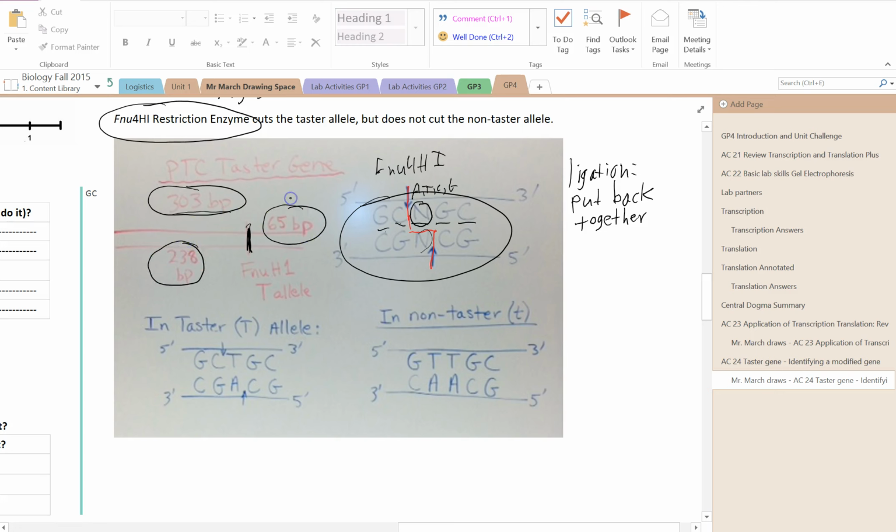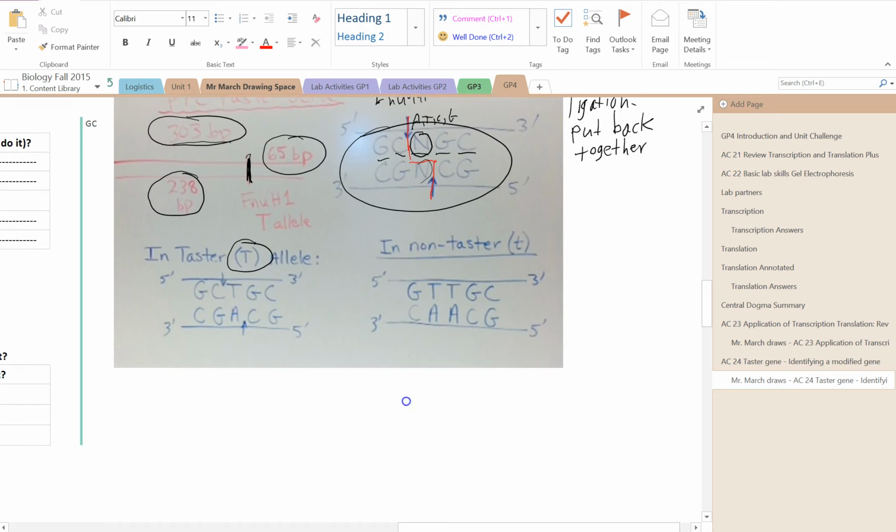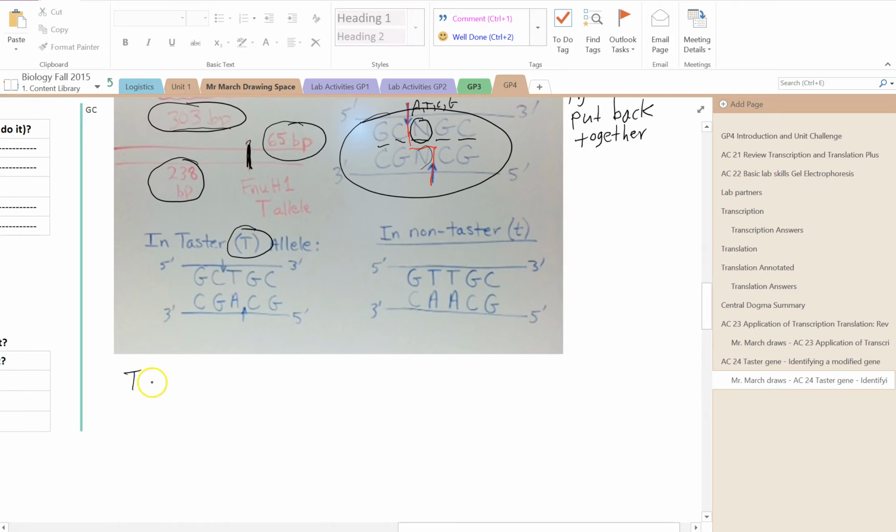Now, this FNU4H1 doesn't cut every single taster gene. It'll only cut taster genes that are dominant, that have a capital T here. So if you taste the paper, you will either be homozygous dominant or heterozygous. Those are tasters.